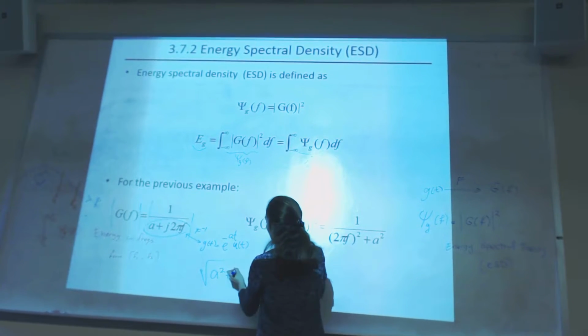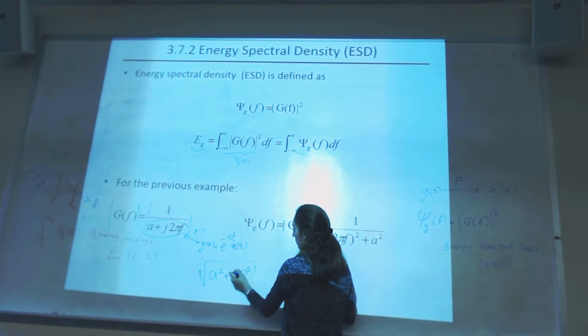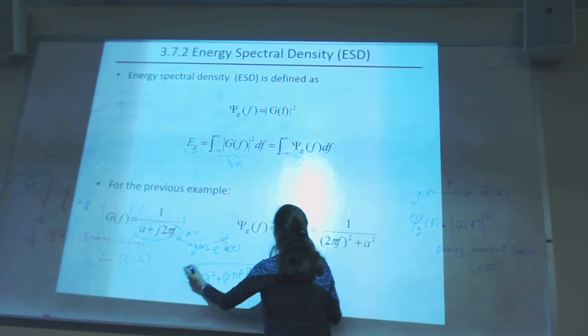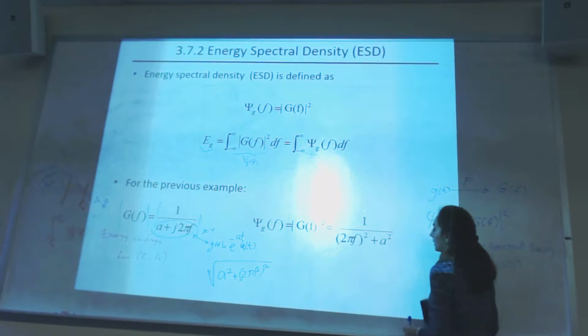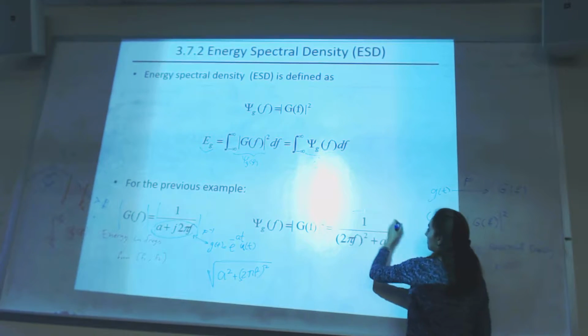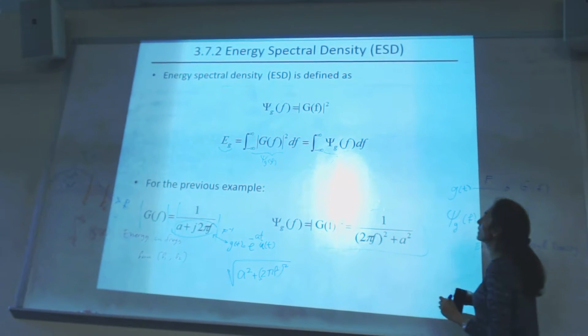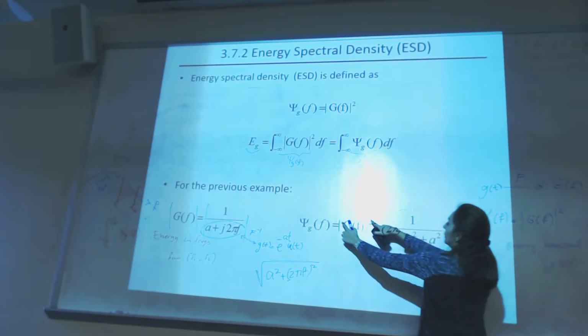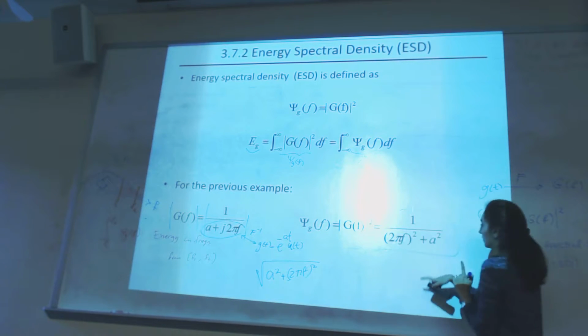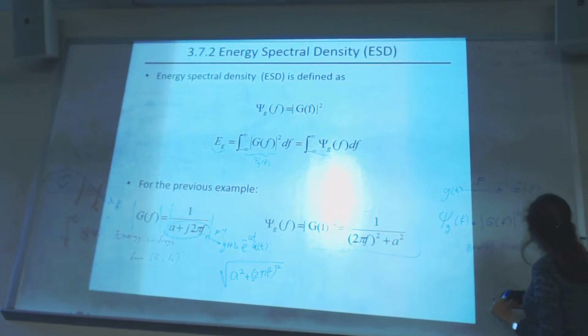And because the whole thing is squared, that takes care of the square root. So this is the energy spectral density. Just take the magnitude of the Fourier transform squared. Very simple.